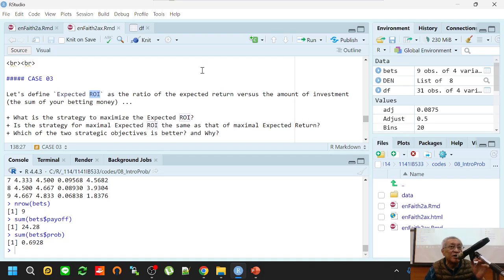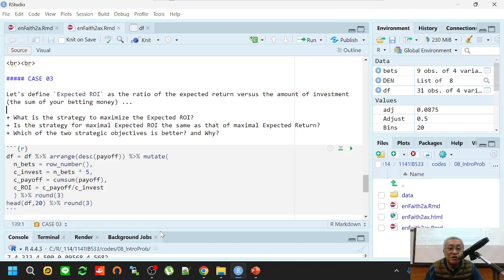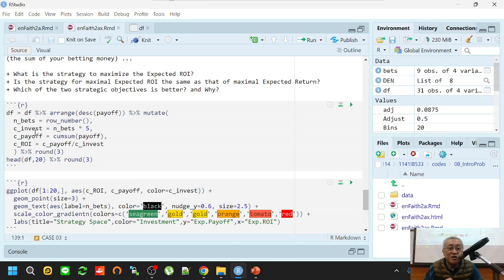Sometimes in business we are not only looking for the maximum expected profit. We also want to consider the amount of our investment. If I invest a lot, then I may not have enough time to place 9 bets. So sometimes you need to consider the number of bets.